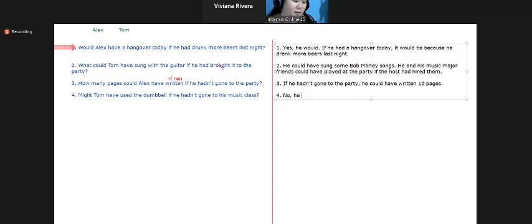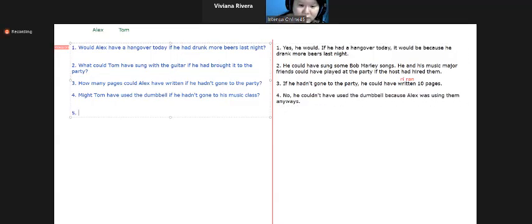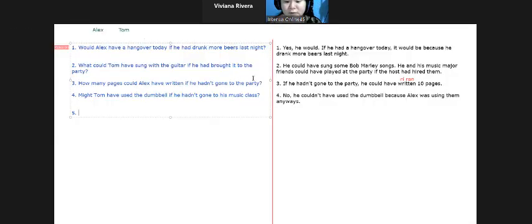So, no, he couldn't have used the dumbbell because Alex was in this. No, Tom. Alex. Tom no los hubiera usado porque Alex ya los estaba usando. Alex was using them.